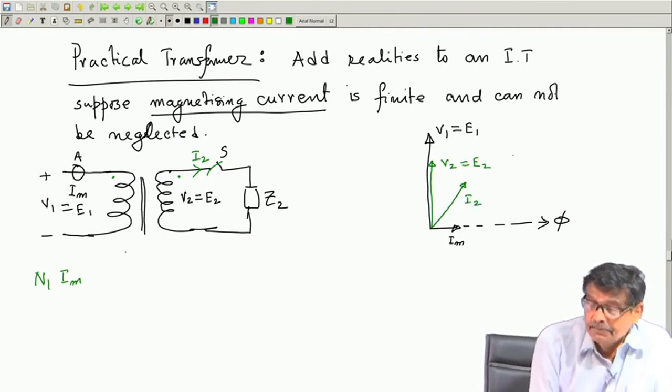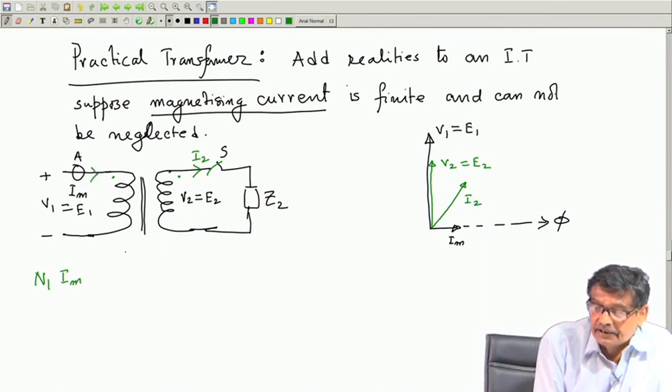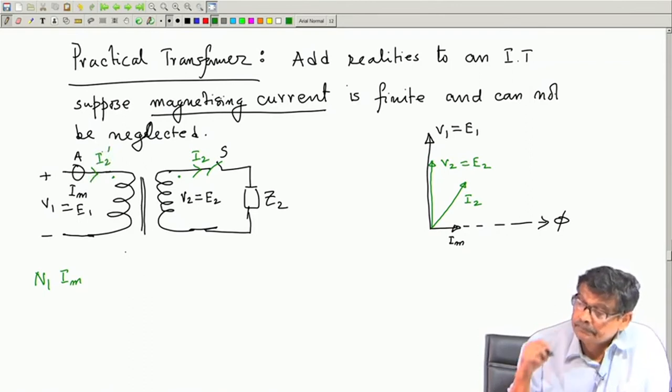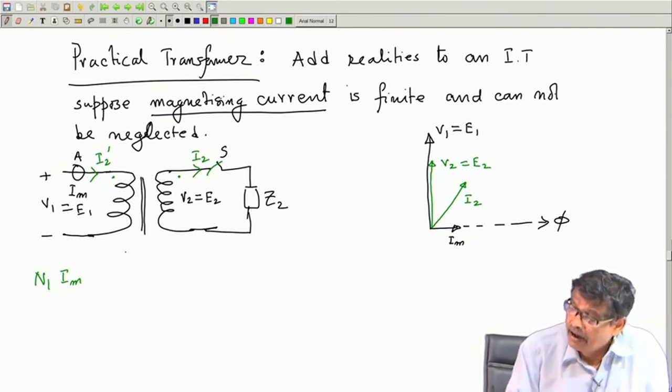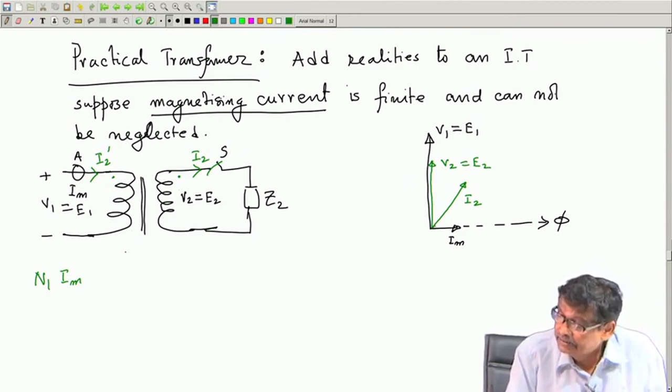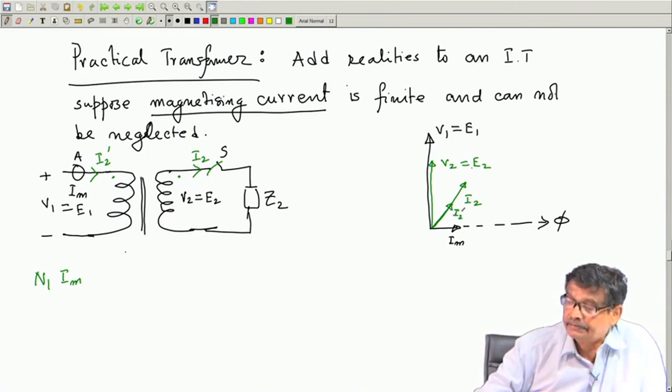But primary immediately will draw additional current I 2 dashed. I have assumed low voltage side to be this. So, I 2 dashed will be of lesser length, high voltage side current is less, I 2 dashed.